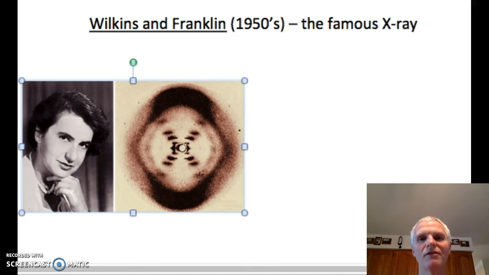But Wilkins and Franklin were key to discovering the shape of DNA, because later on, as we'll learn, two gentlemen named Watson and Crick used Photo 51 to deduce the double helix shape of DNA.